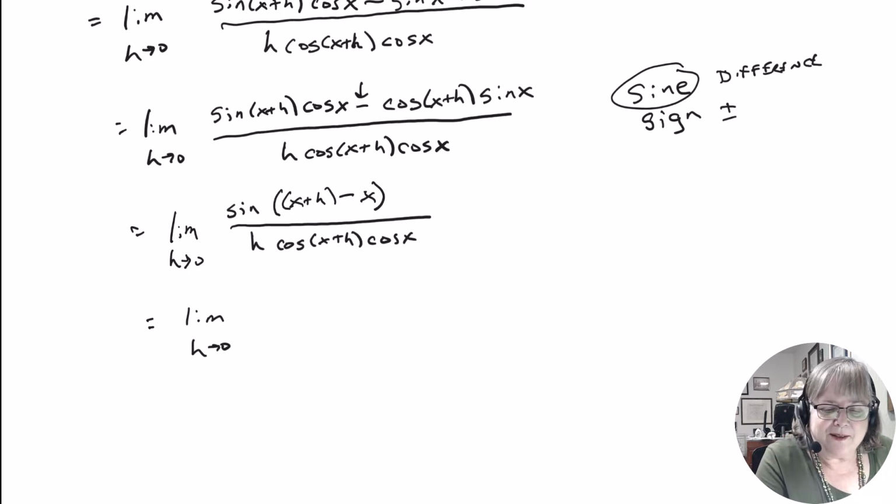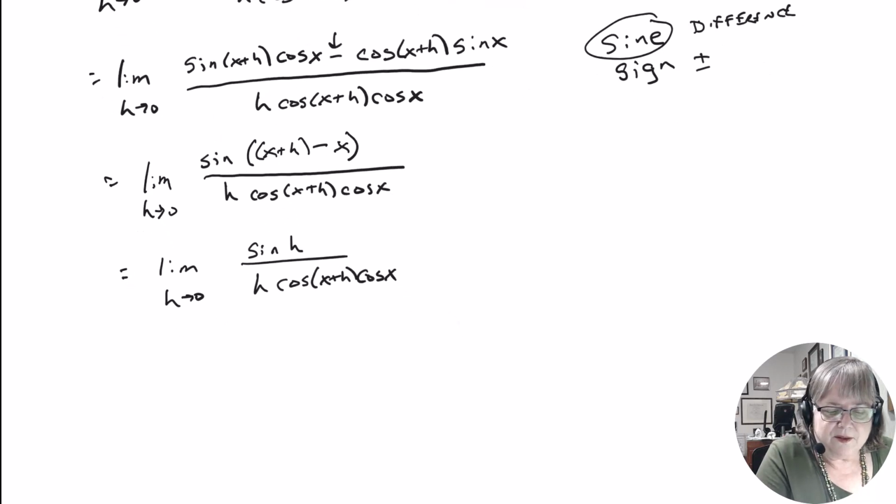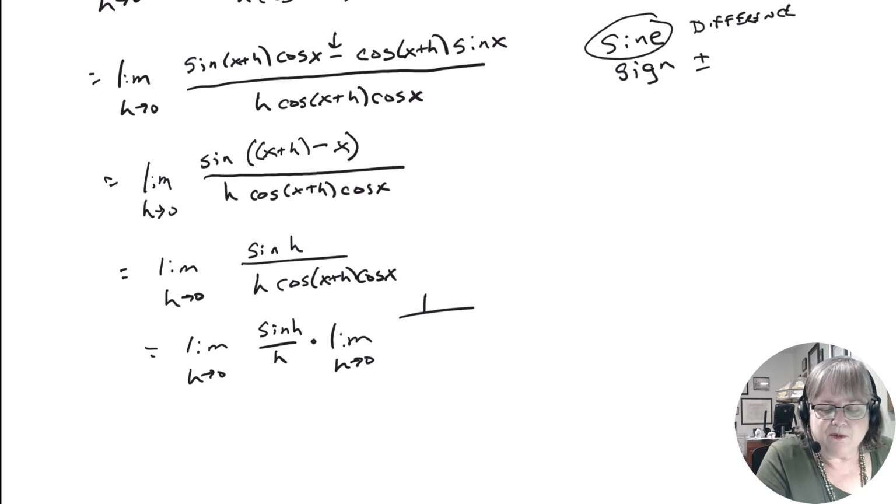All right, so I can clean the numerator a little bit. x plus h minus x is sine of h over h cosine x plus h cosine x. So this is the limit as h goes to 0 of sine h over h times the limit as h goes to 0 of 1 over cosine x plus h cosine x.